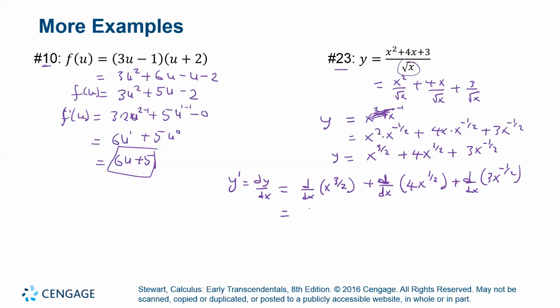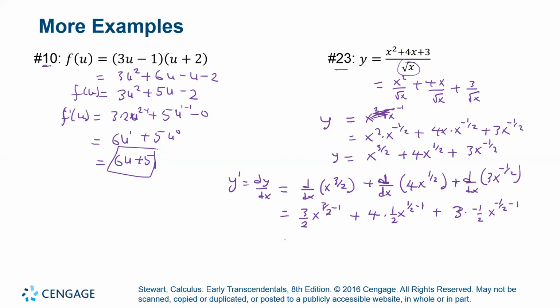Okay, so this will be 3 over 2 times x raised to 3 over 2 minus 1, plus we got 4 times 1/2 x to the 1/2 minus 1, then plus we have 3 times negative 1/2 x to the negative 1/2 minus 1.